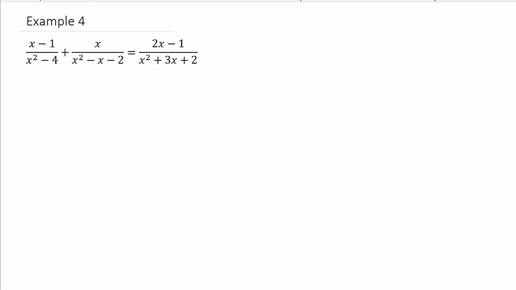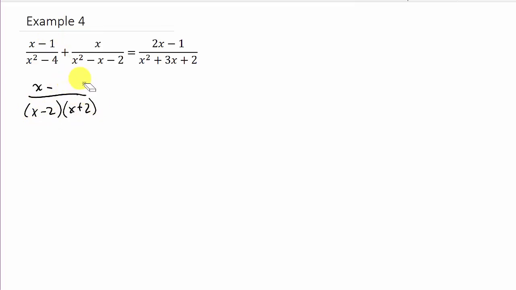So the first thing you want to do is look and see if any of the denominators factor. And we can see here all of these denominators factor. So let's go ahead and do that. So I've got x minus 1 over x minus 2 times x plus 2.